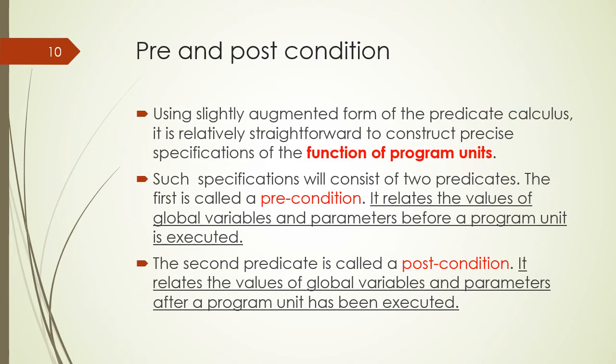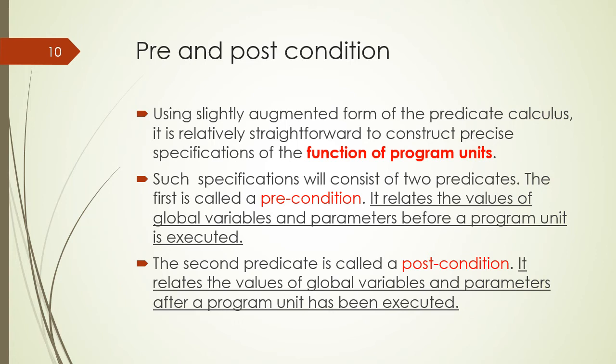Students, we have mentioned earlier that while specifying formally, the functions and procedures of a program unit are known as operations, and each operation may have precondition and postcondition, and we can use predicates to describe these preconditions and postconditions with slight changes.